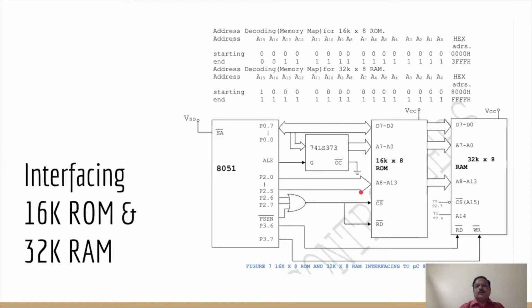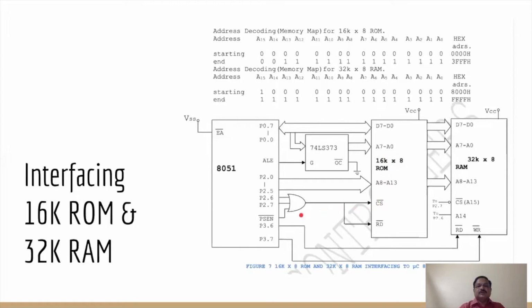In port 2 you can find for this EPROM, total A0 to A13 are used, right? 14 lines for accessing the 16K EPROM. And now see the chip select logic for this.